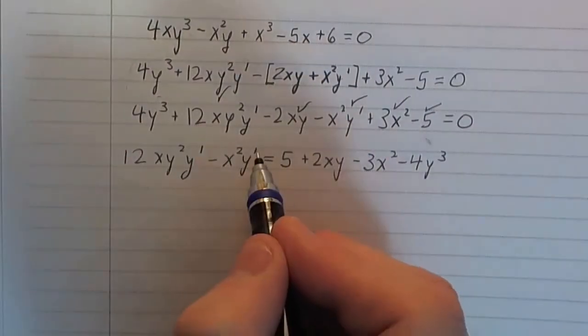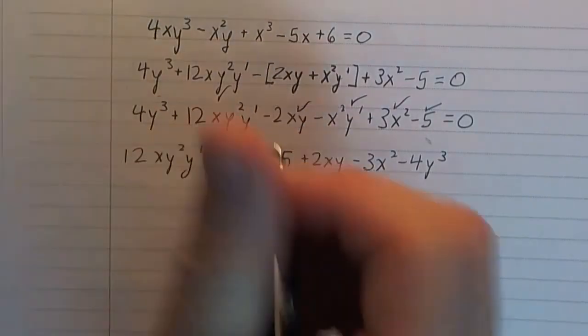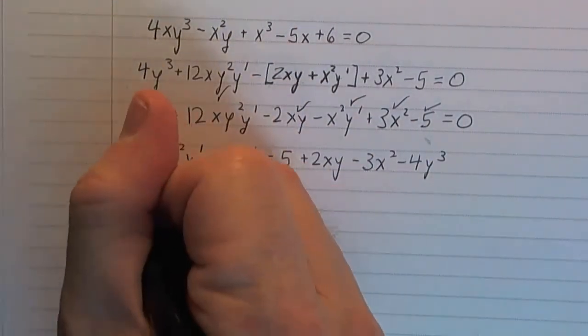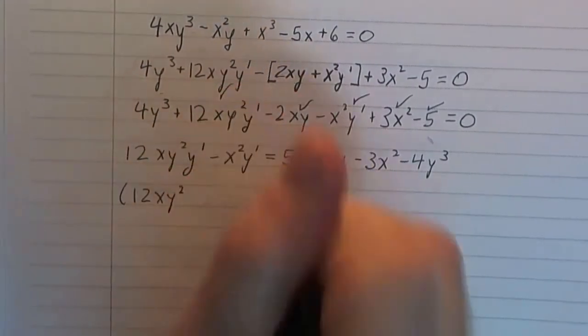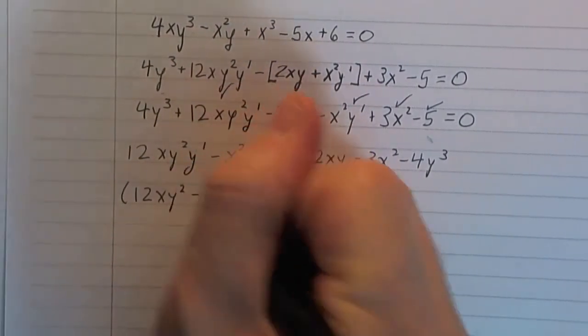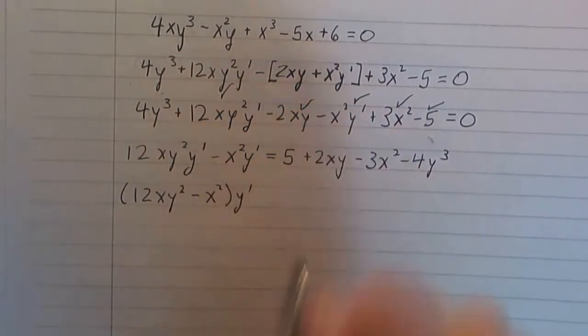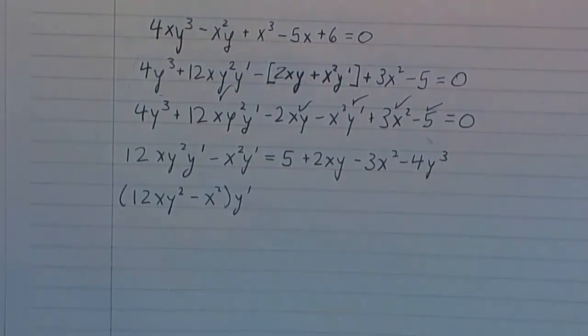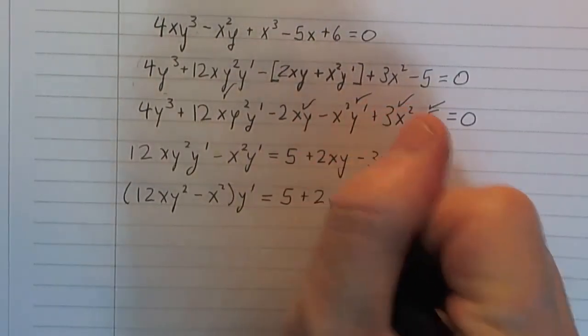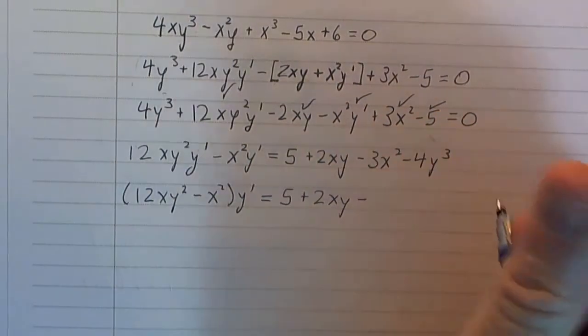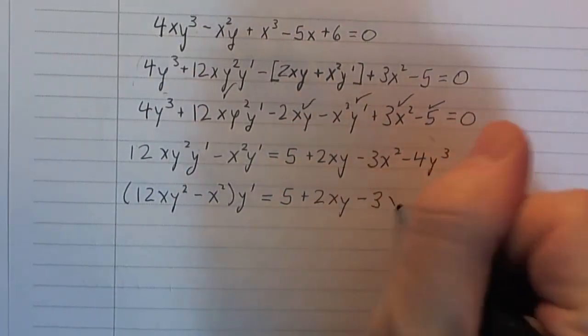Now I need to factor out a y prime. Okay, so here I go. I've got 12xy squared minus x squared y prime equals all of this over here.